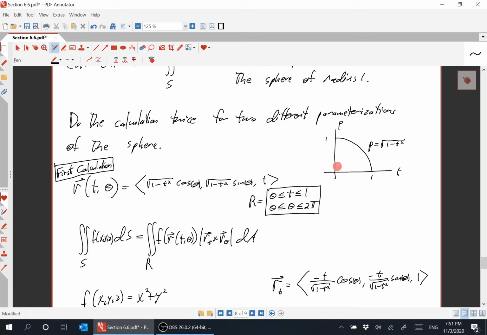So this is p equal to 1 minus t squared on this pt plane for 0 less than or equal to t less than or equal to 1, and you get this quarter circle. I'm going to rotate that around the z-axis, and that'll give me the top half of this sphere of radius 1. So that was one parameterization.